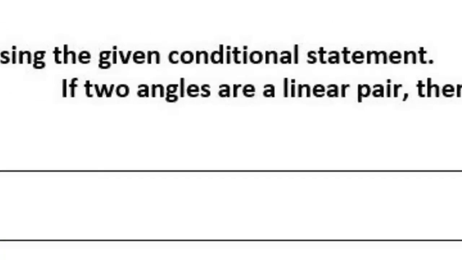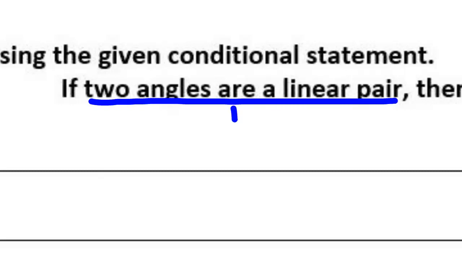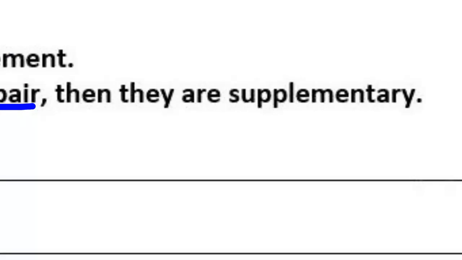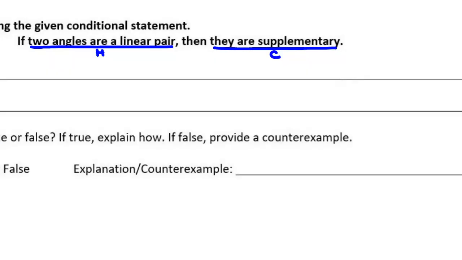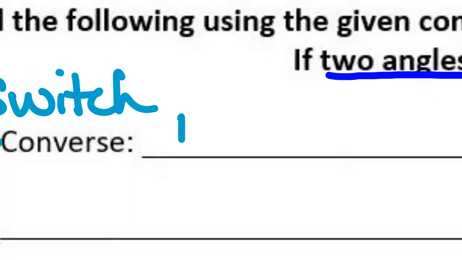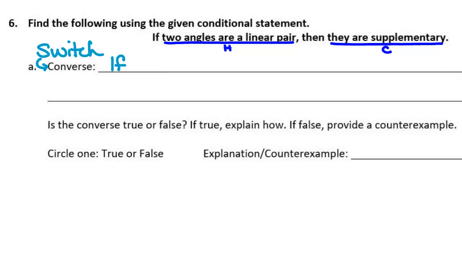So when I look at this conditional statement, it says if two angles are a linear pair, so there's my hypothesis, then they are supplementary. So there's my conclusion. So we're going to flip that around the other way. If I don't want to say they are supplementary, what does the they mean here?